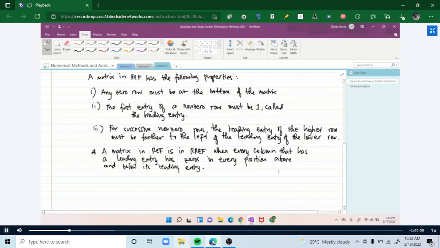Okay, so that's how you can say that a matrix is in RREF.